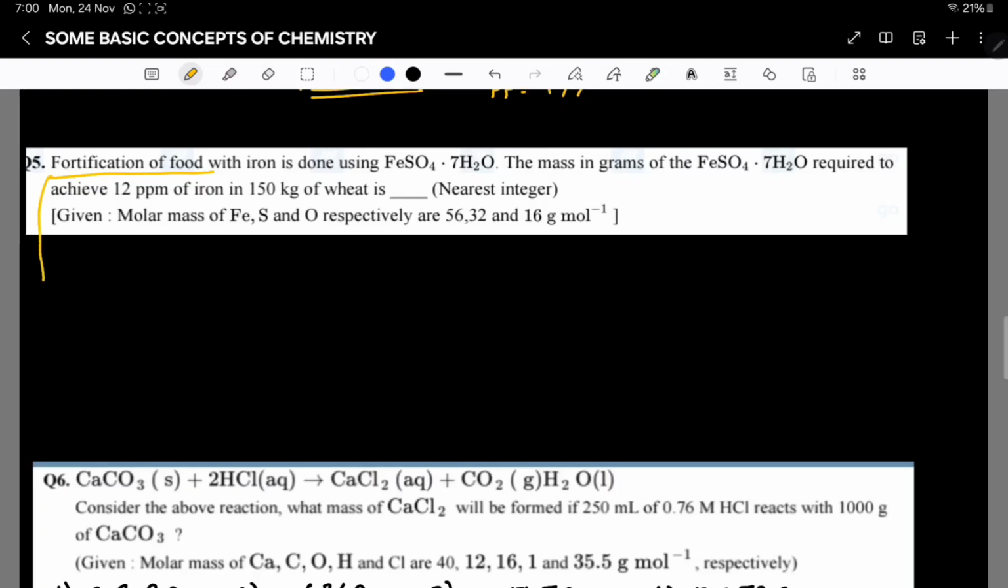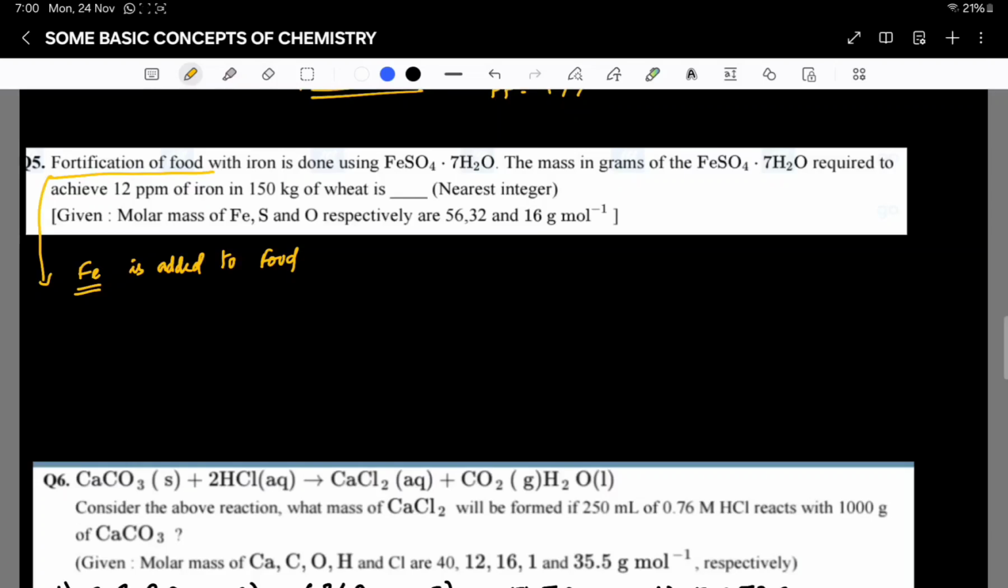Fortification of food means nothing but iron is added to the food. That is simply the fortification of food with iron.